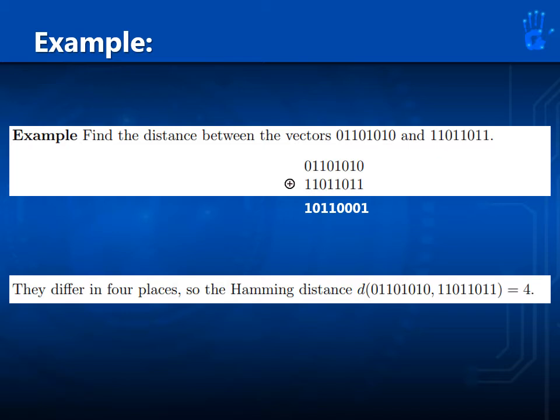So as you can see, applying XOR would produce the result 1011 0001. Now, they differ in 4 places, so the Hamming distance, with the notation d(first word, second word), is 4, because there are 4 ones, meaning there are 4 places in which the bits are different for the two words.